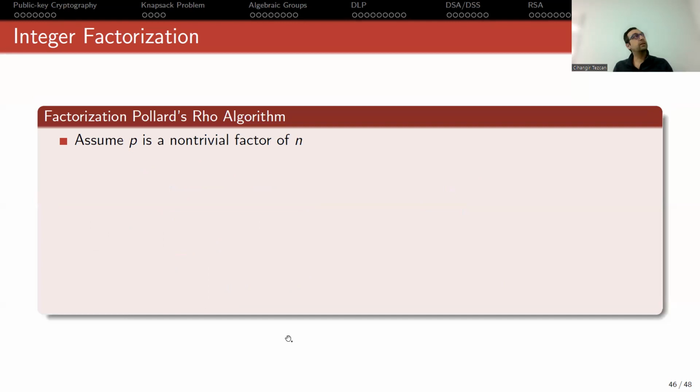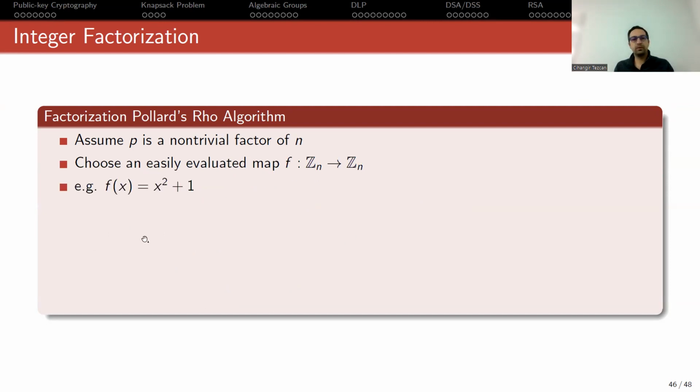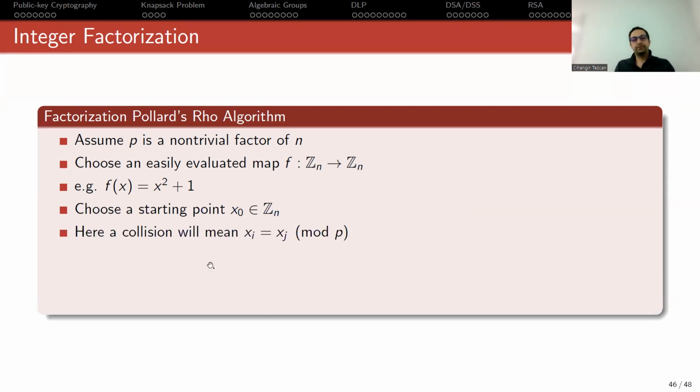Okay, so let me show you how you can turn this Pollard algorithm into a factorization algorithm. So assume p is a non-trivial factor of n. Choose an easily evaluated map F from Zn to Zn, for example, f(x) equals x squared plus 1, a very simple mapping, right? Choose a starting point x0 in this set.